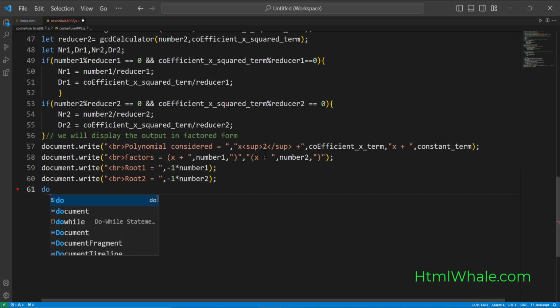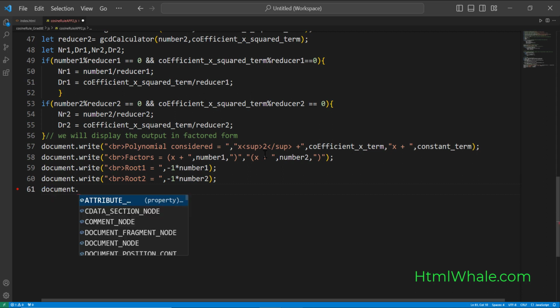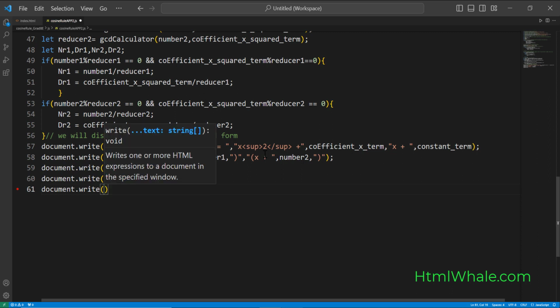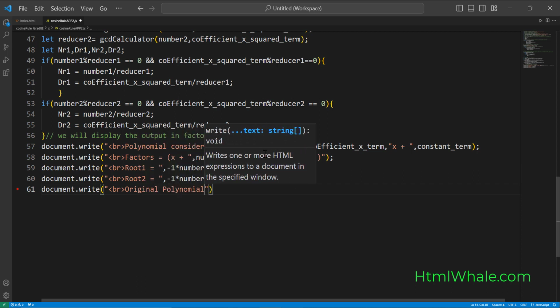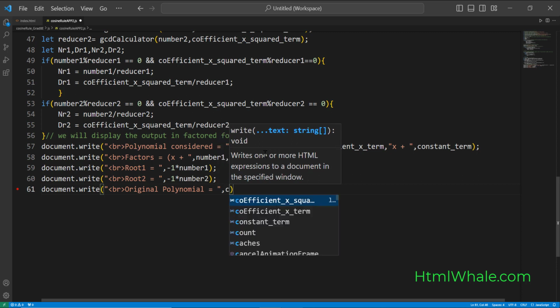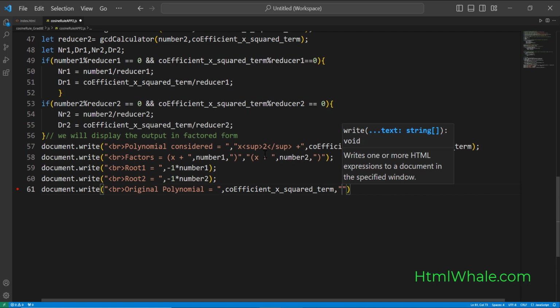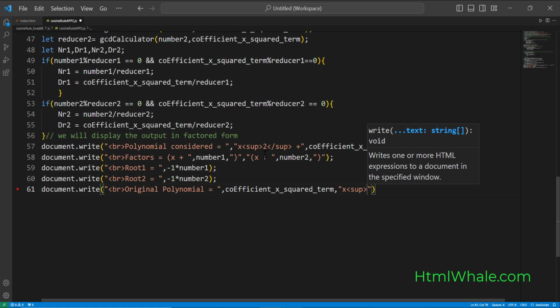Now next is the polynomial that we have to target. So I'm going to state that original polynomial is equal to, so I will have to have the coefficient of x squared there along with the x squared term there, because the user might give any polynomial of the type that we have dealt with. So this code should be in a position to handle that.